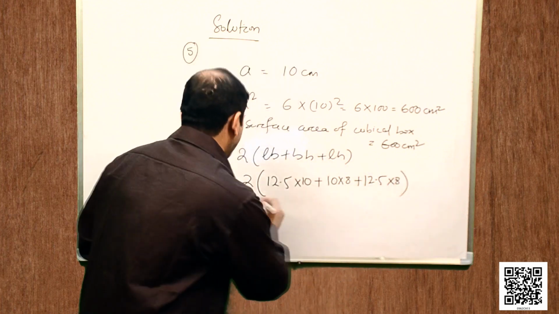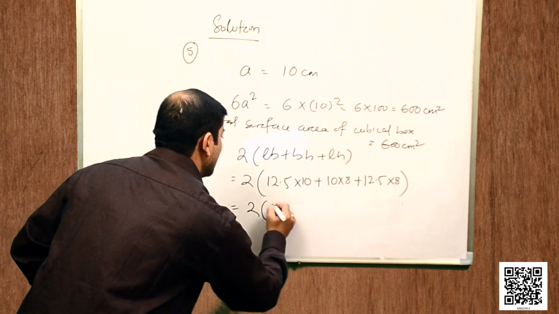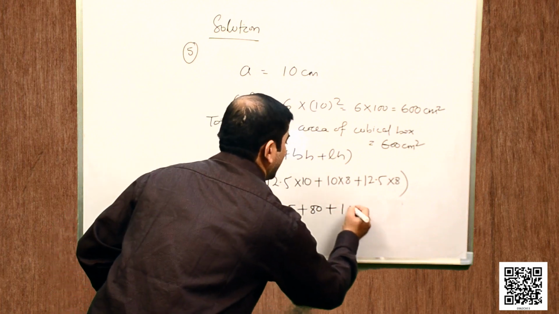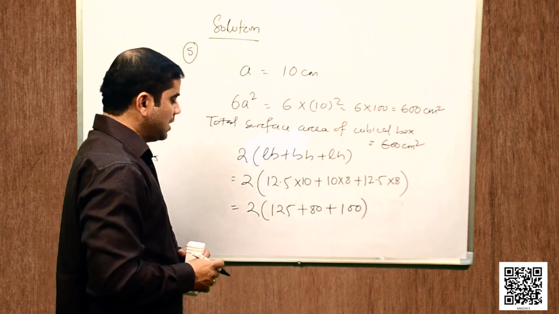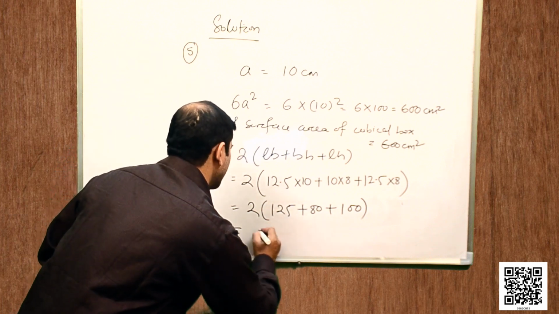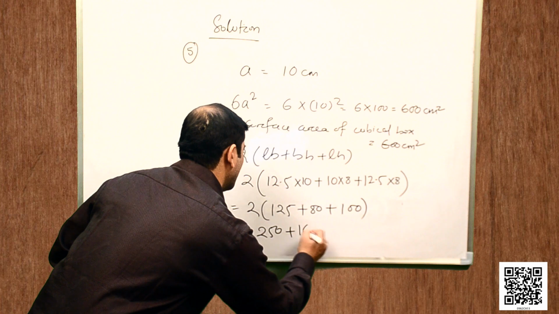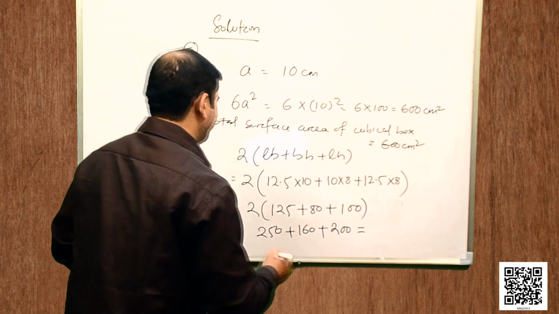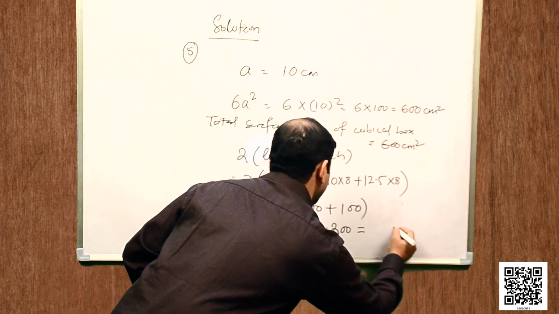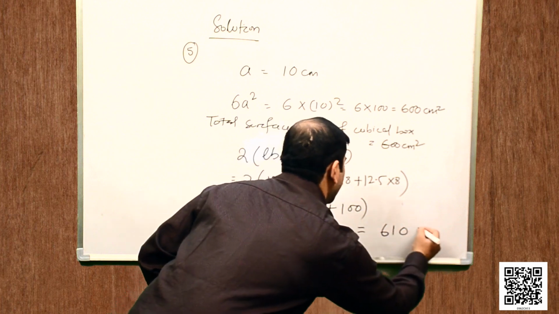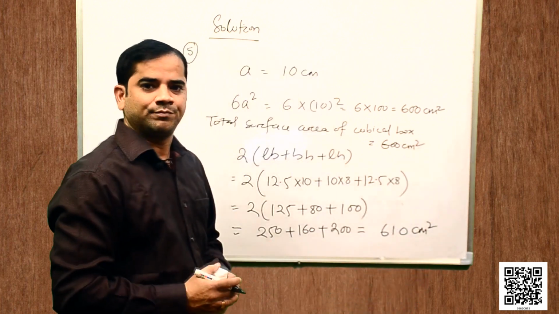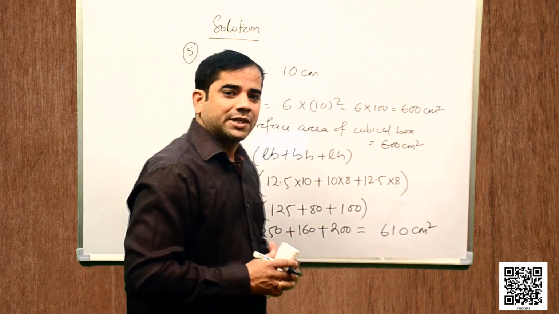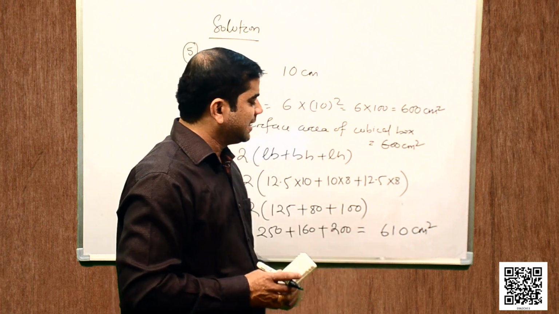So it becomes 2 into 125 plus 80 plus 100. This gives us 250 plus 160 plus 200, which is equal to 610 centimeter square.